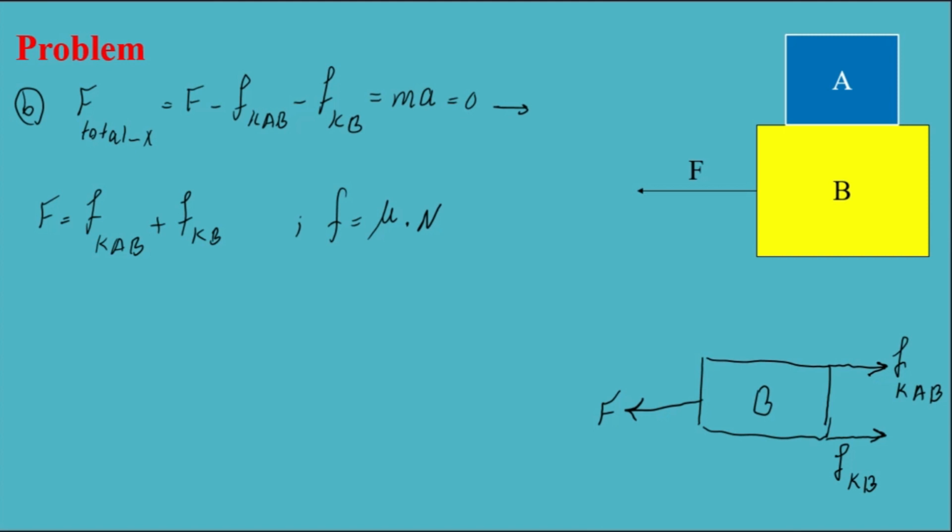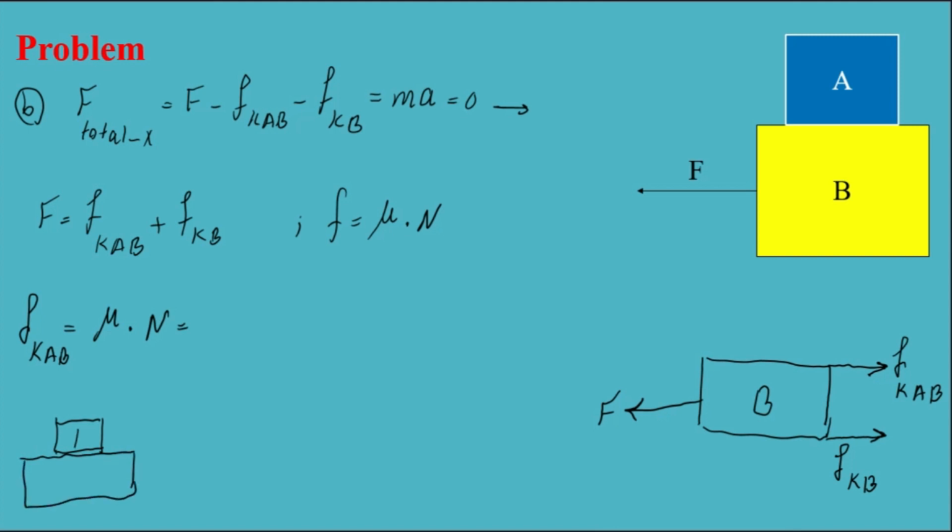So let's start with FKB. I'm going to write it down for FKB. That's going to be mu times n. Now we have to be careful about n here, that normal force. Let's think about what the normal force is between A and B. So I have two blocks, one on top of the other, right?